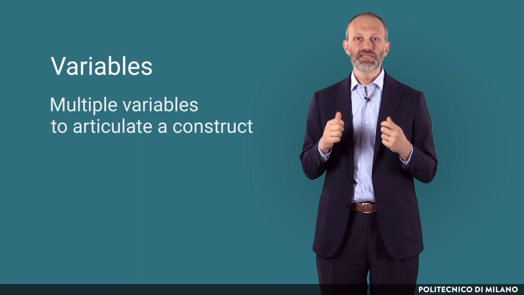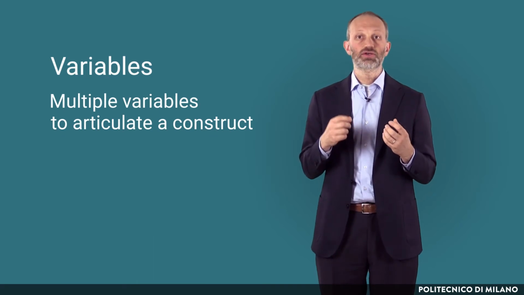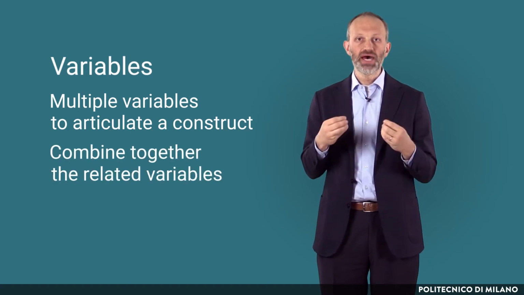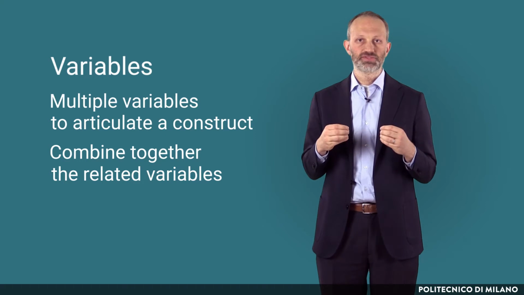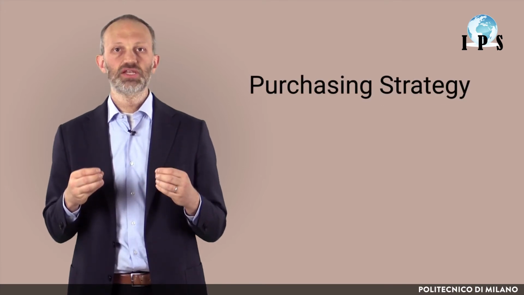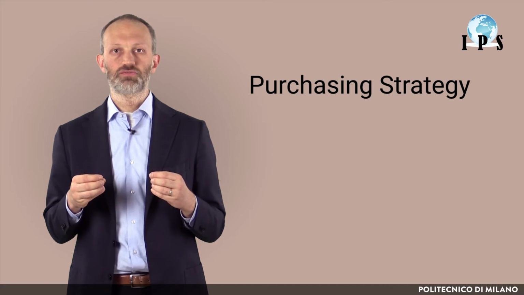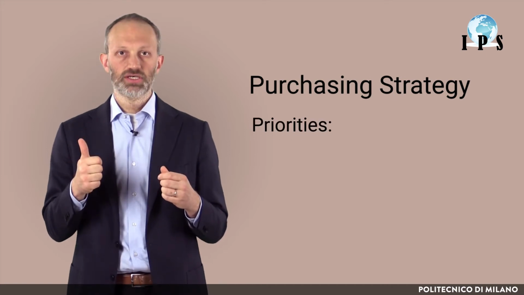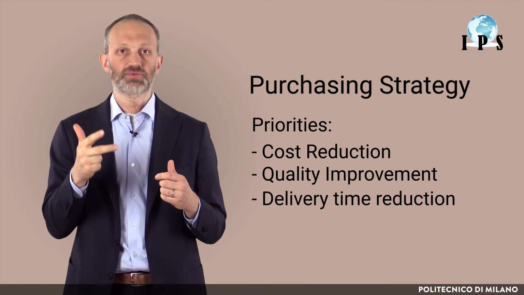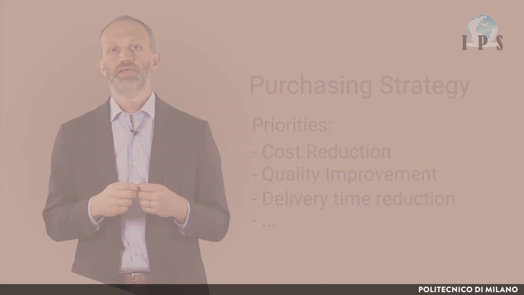Usually, we use multiple variables to articulate a construct so that we can operationalize and measure such construct by combining together the related variables. Using again an example from the IPS project, the construct of purchasing strategy has been operationalized in terms of priorities to be pursued, such as cost reduction, quality improvement, delivery time reduction, and so on.